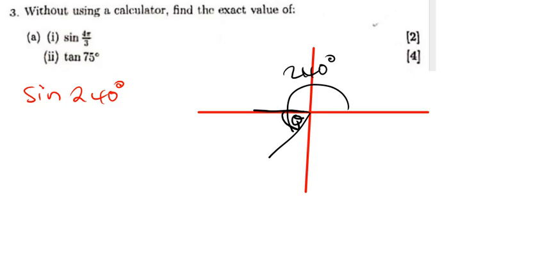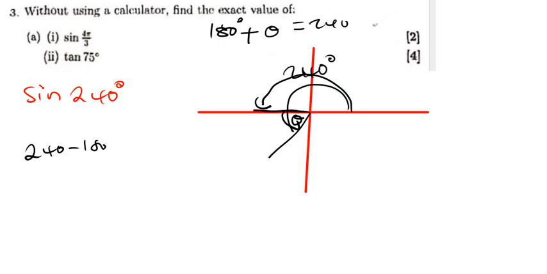From this point all the way to that point is 180. So 180 plus the theta that I'm going to have here is what gives me 240. In simple terms, it is 240 minus 180 to find the theta.